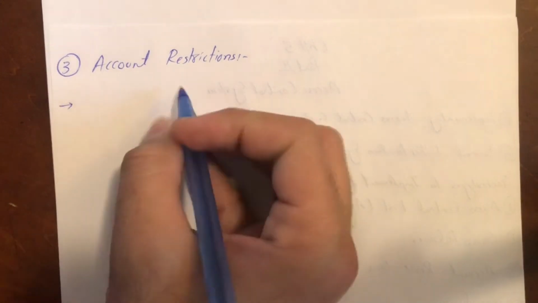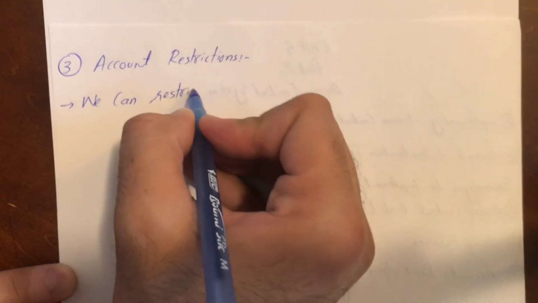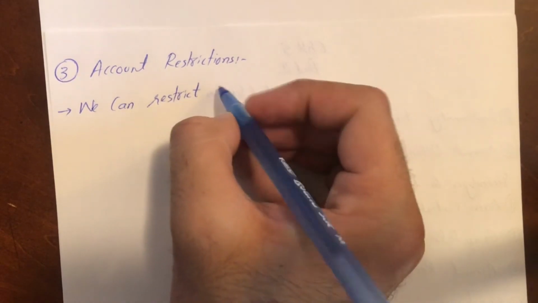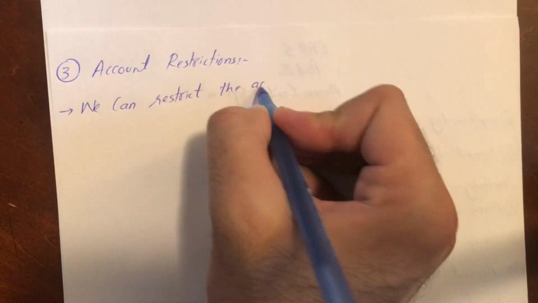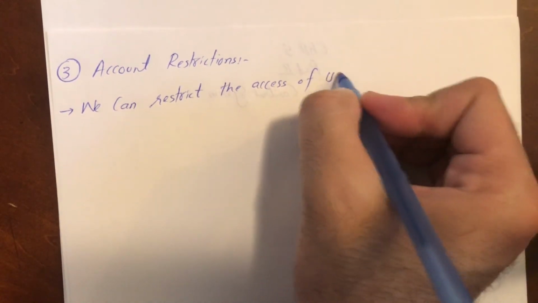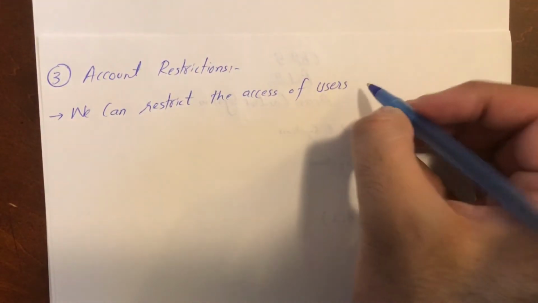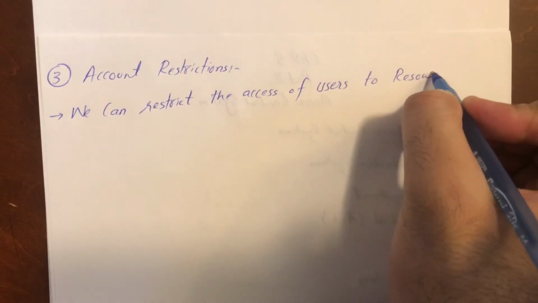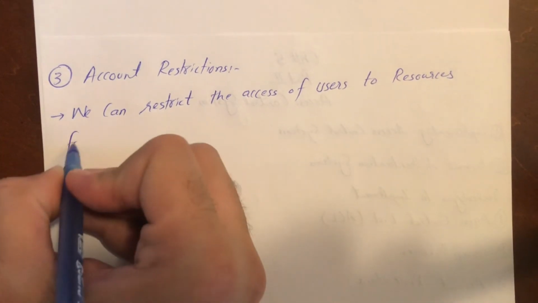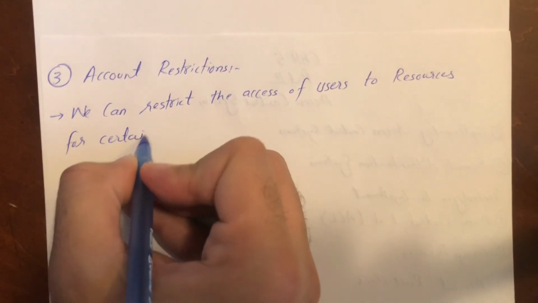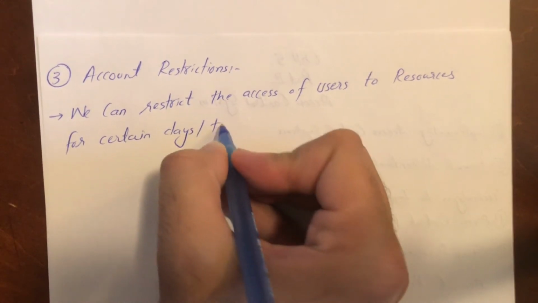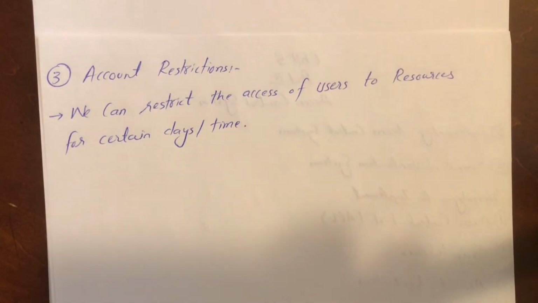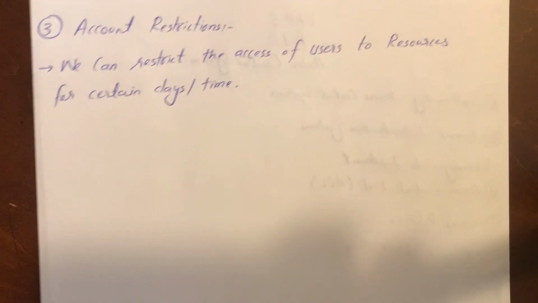We can restrict the access of users to resources for certain days or times. For example, you cannot access the database after office hours and things like that. That's another way to implement it.